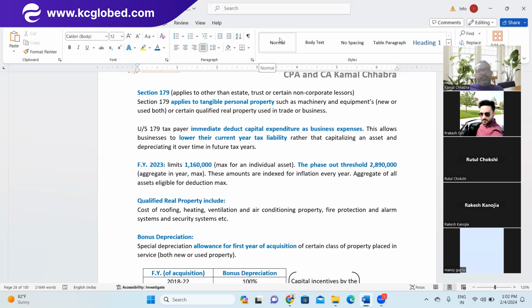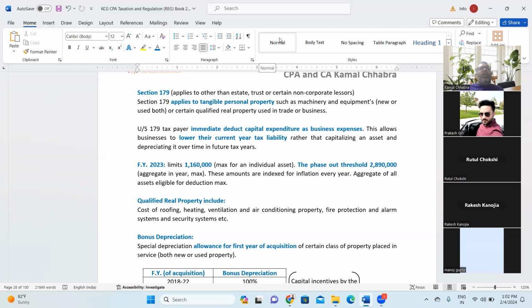Now coming back to Section 179, which is additional depreciation. Here the government is providing additional depreciation if you make investment in a specific state for the development of that state, and if you make capital expenditure for setting up a new office, new construction house, new warehouse, new business, and so on and so forth.